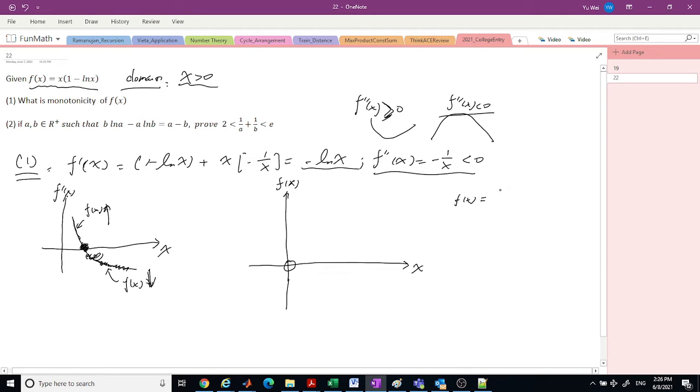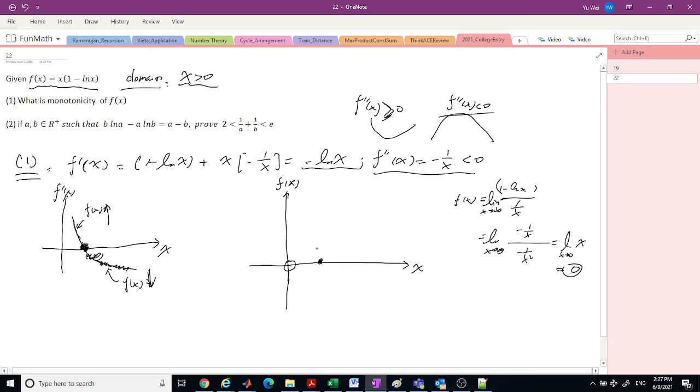So we can use the limit as x approaches 0 of 1 minus log x over 1 over x. We take the derivative of the numerator, which is negative 1 over x, and the derivative of the denominator, so the limit is x, which is approaching 0.